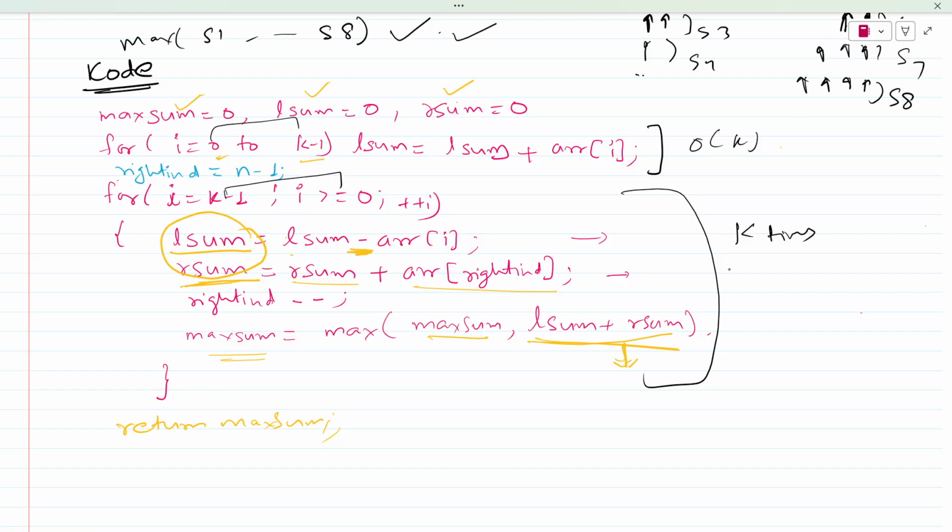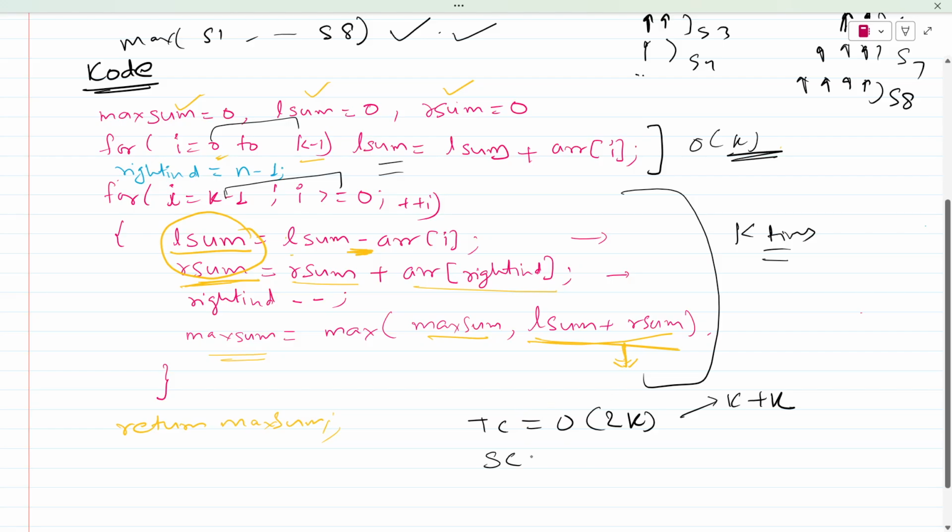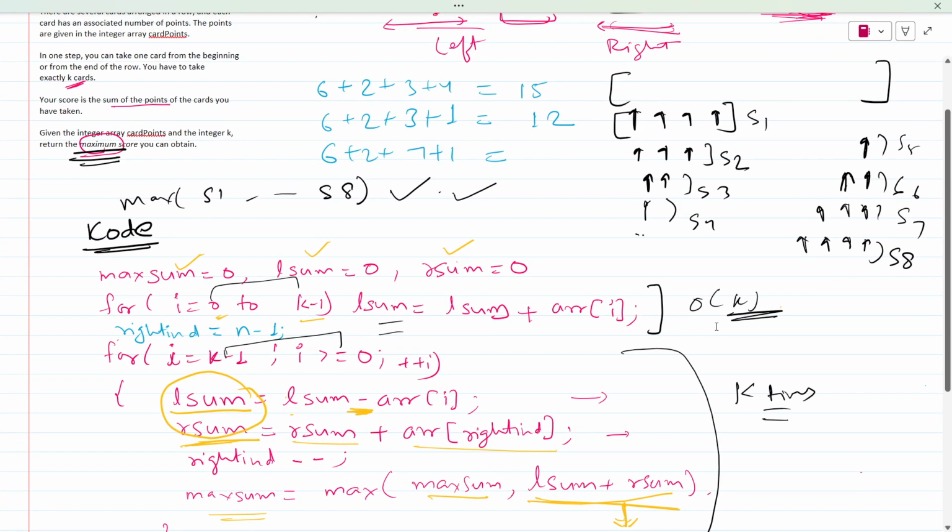That's why both are running for k times. So our time complexity will become big O of 2k, that is k plus k: k time for calculating LSum and k time for calculating the right side sum. So time complexity is big O of 2k and space complexity is big O of 1, as we are not using any extra space here. So these are the complexity parts. Okay guys, thank you.